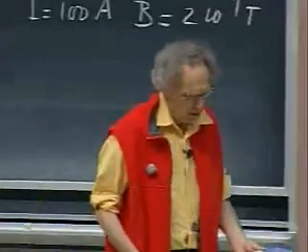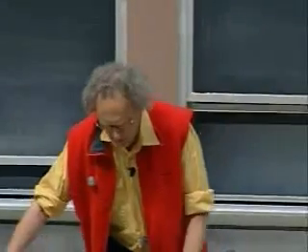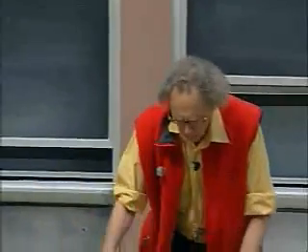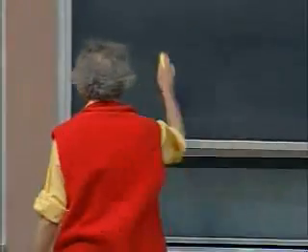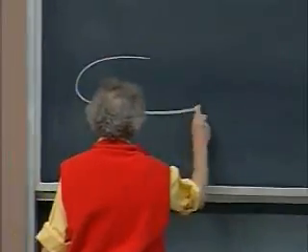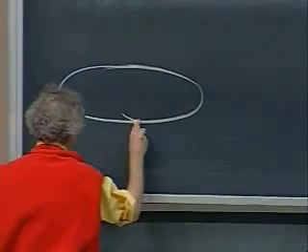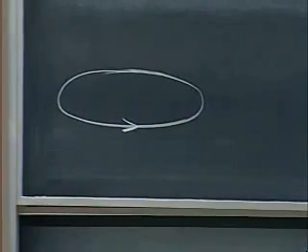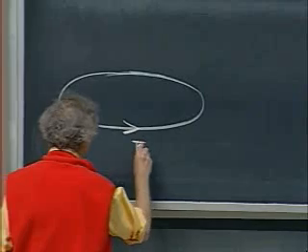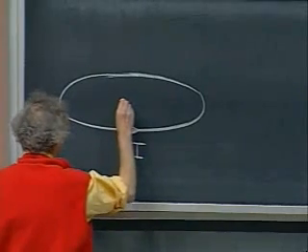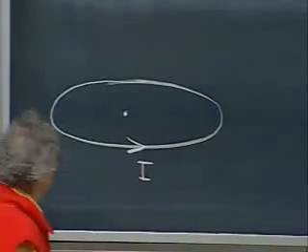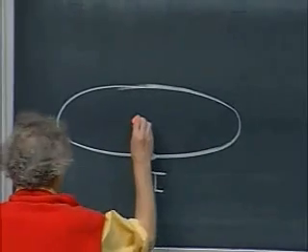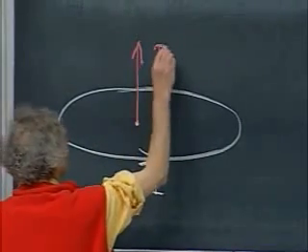Using Biot-Savart, we can now calculate quite easily the magnetic field at the center of a current loop. Let this be a wire, a circle, and let the current go in this direction. And I would ask you, what is the magnetic field right at the center? Well, the magnetic field right at the center, of course, is pointing upwards.